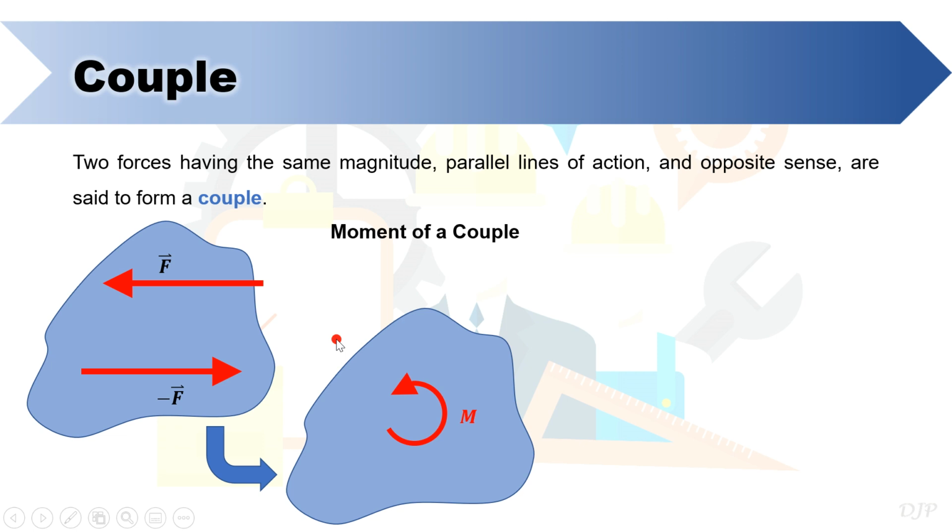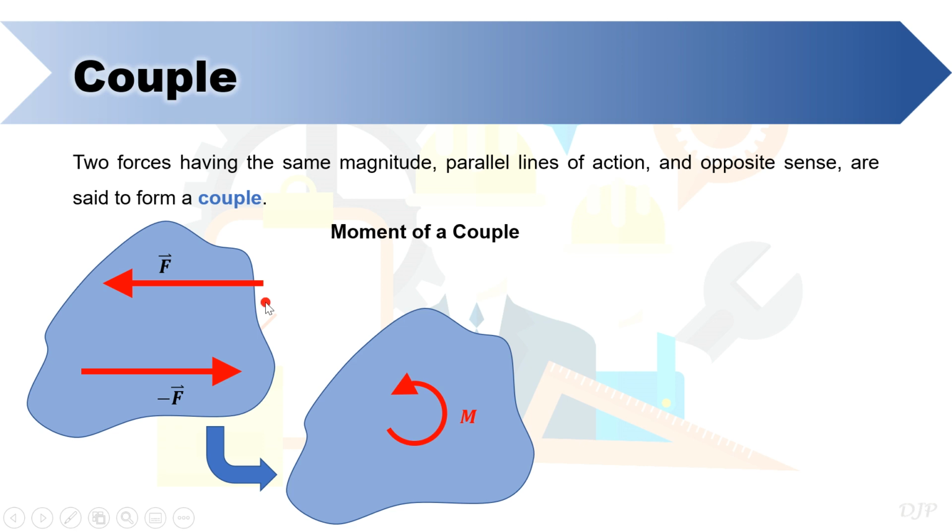Take note that for this force system, the only effect that can be produced is the tendency to rotate, since summing these two forces will just result to 0. Also, the direction of the rotation of this moment can be determined by just observing the possible rotating effect that a given couple can produce.